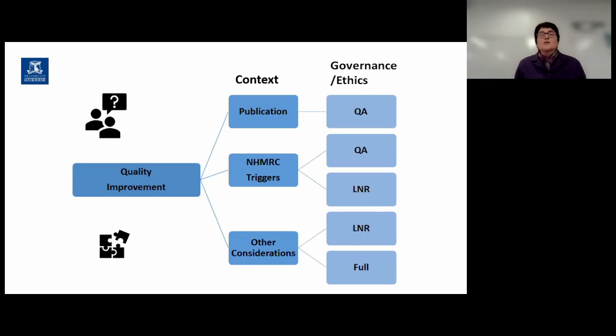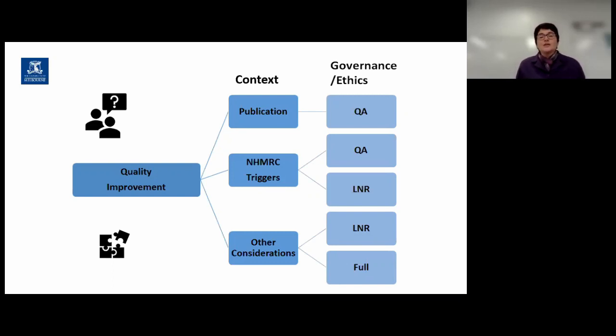If the context also includes some other considerations, then it's most likely that full ethics approval will be required. And these types of considerations are when we're researching or undertaking quality assurance with a vulnerable population, perhaps young children or people who are seriously ill.